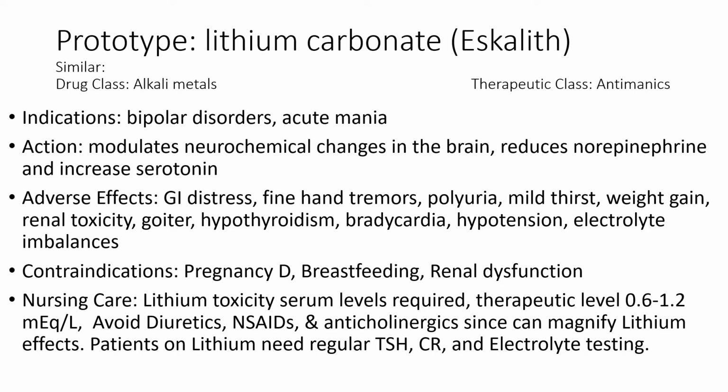Okay. Goiter is a condition where the thyroid gland becomes enlarged. So why has it become enlarged potentially with taking lithium? Well, lithium blocks the production and secretion of thyroid hormone. That is detected by the pituitary gland in the brain.